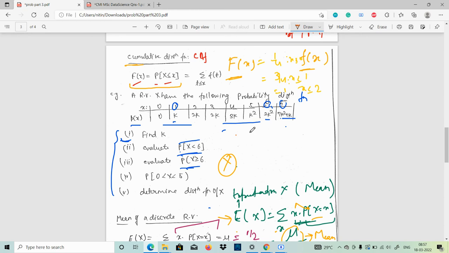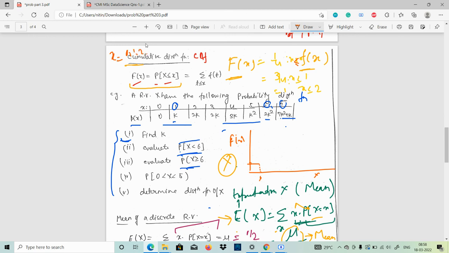So this is your x and this is your F(x). It says that for x less than or equal to 0, the value is 1/4. So let's say here you have 1/4, and in a discrete distribution you have particular given values of x, so x equals 0, 1, 2.